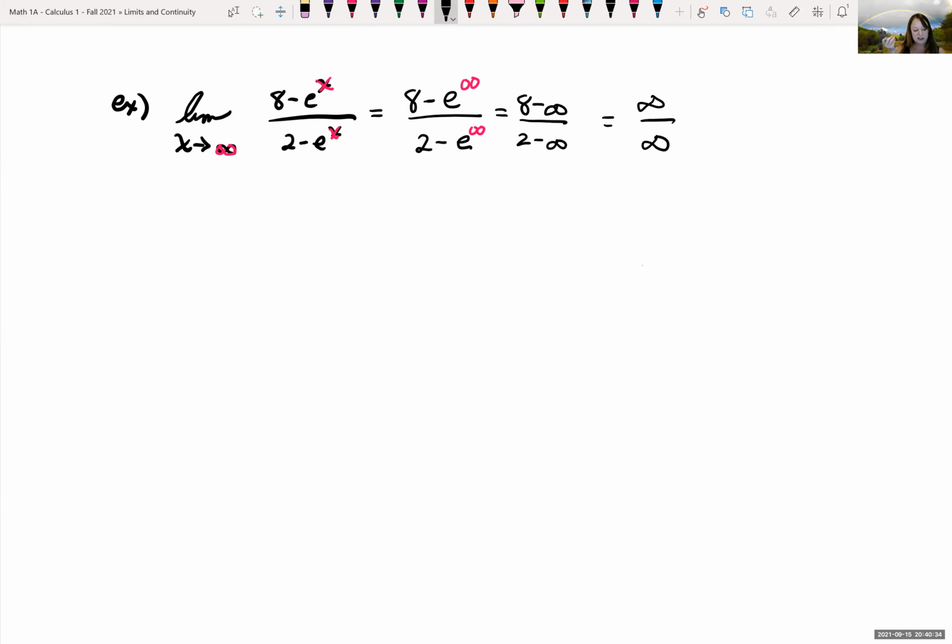And so we had to look at the term that is going off to infinity. What is the highest power? What we used to do was look at the degree, but this is e to the x. And so e to the x is that term, and that's the one in the denominator. We want to multiply by that fancy 1 again. So we're going to multiply by 1 over e to the x, all divided by 1 over e to the x.